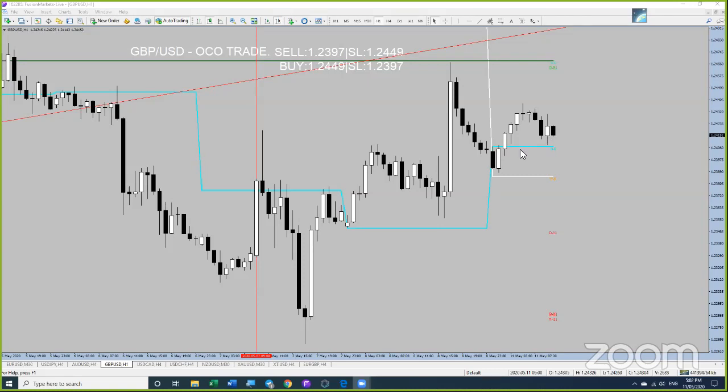I've got a different broker here, different price, but use that price, and the stop loss is 1.2449, which is the entry for the buy. So 1.2449 is the buy, and the stop loss is 1.2397.